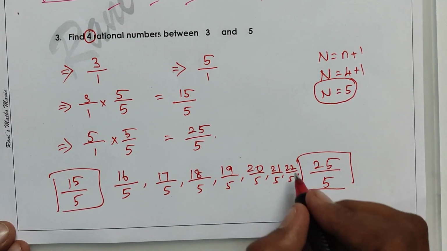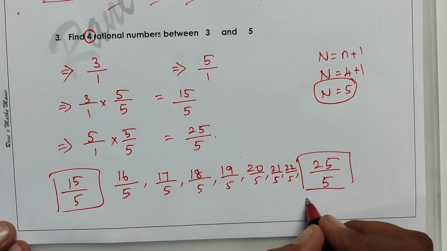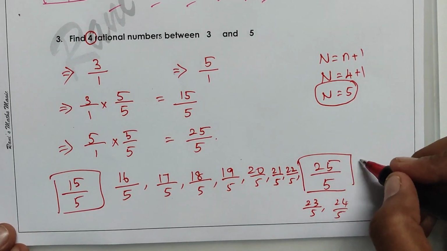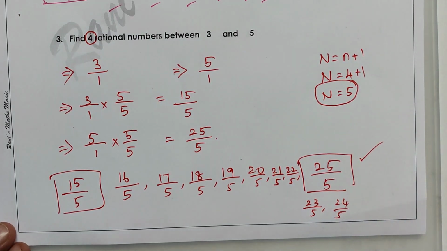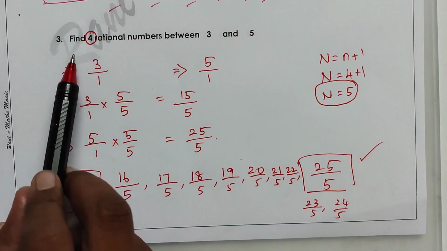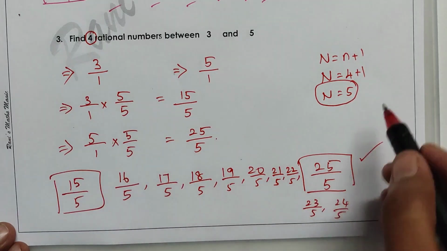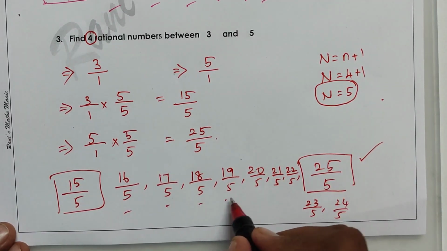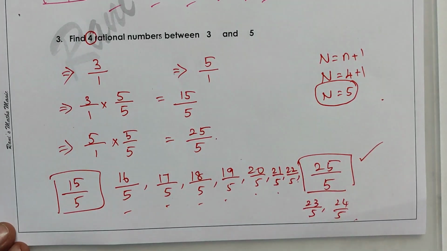Here I don't have the space, so I am writing here 23 by 5, 24 by 5. 25 by 5 is already here. Now see here, they asked only 4 rational numbers, but with this formula we can make this much, that is 1, 2, 3, 4, 5, 6, 7, 8, 9. So we can make 9 rational numbers in between these two numbers.